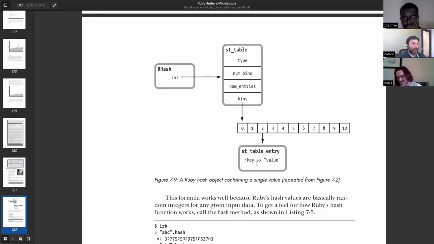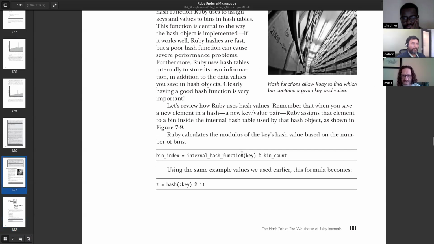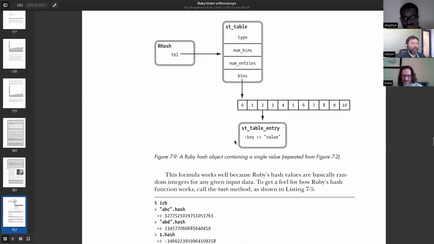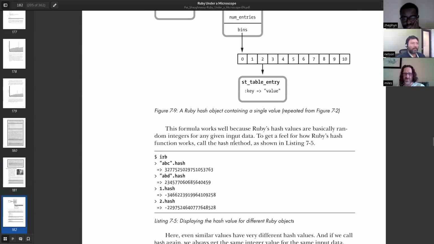Yeah, so that's the default hash implementation in Object. I guess he has not gotten there yet. Oh, it must be on page 183. Okay, that's coming up fast then.